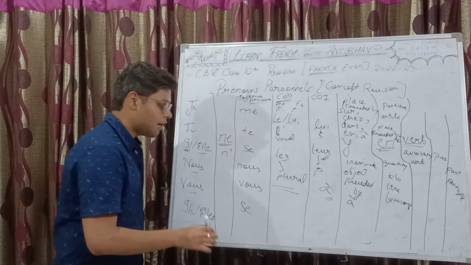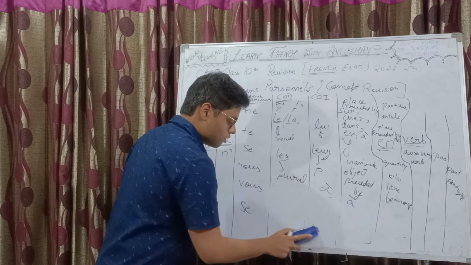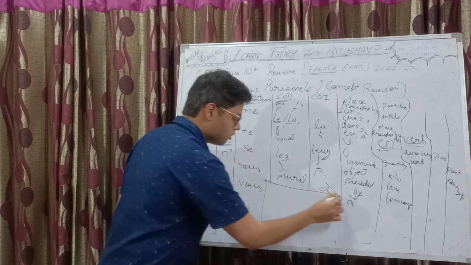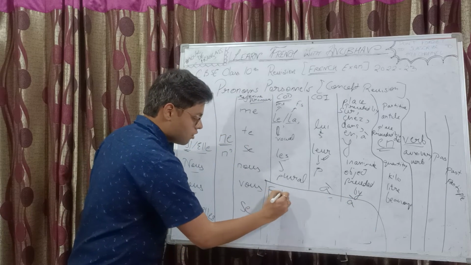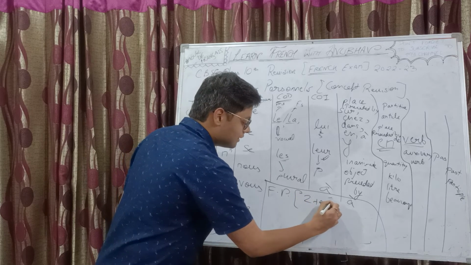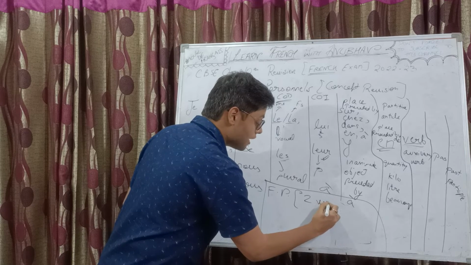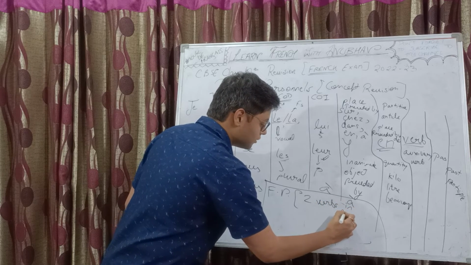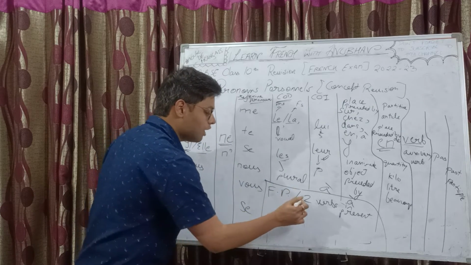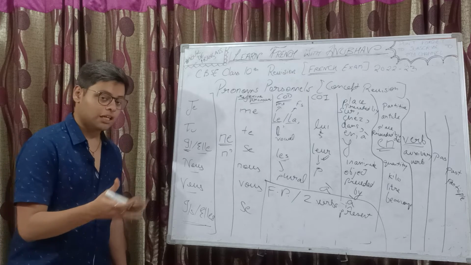Now one more thing that I have to discuss here is what we will do to this structure if we have futur proche, or two verbs together in the present. What do we do in this case? Now, how can there be two verbs in the present together? The first verb is the helping verb, and the second verb will be the main verb.